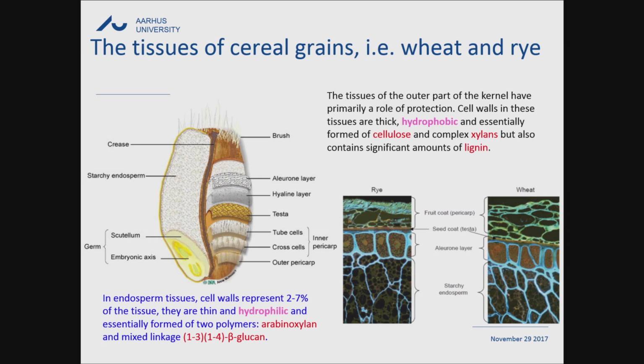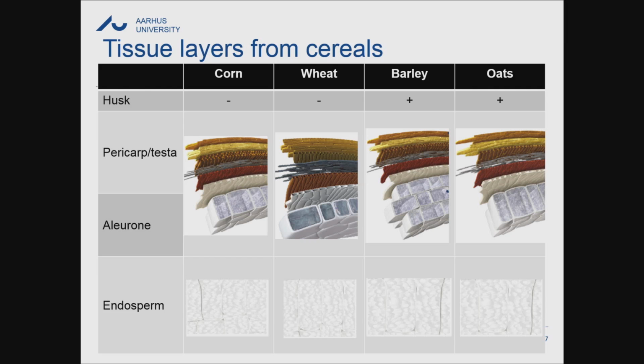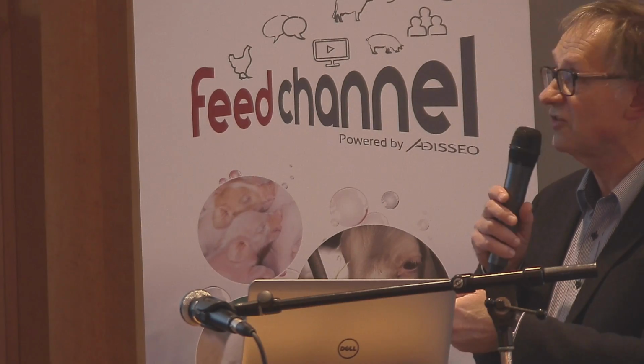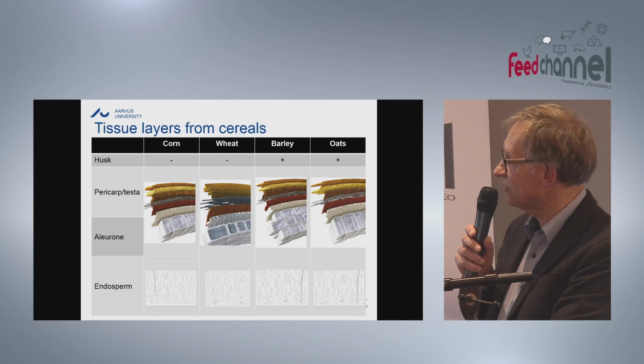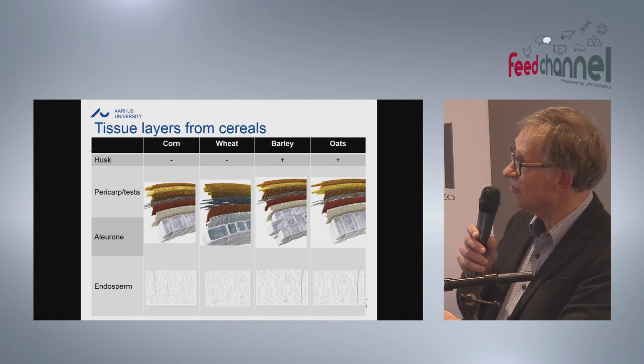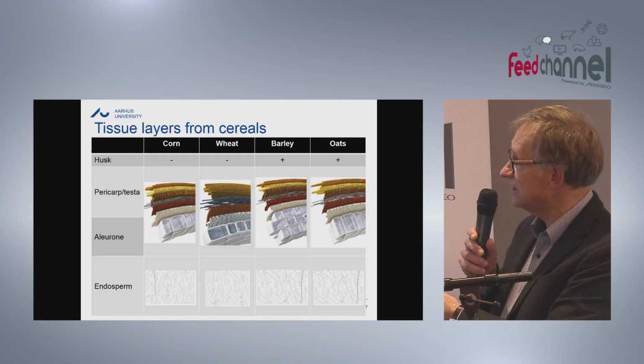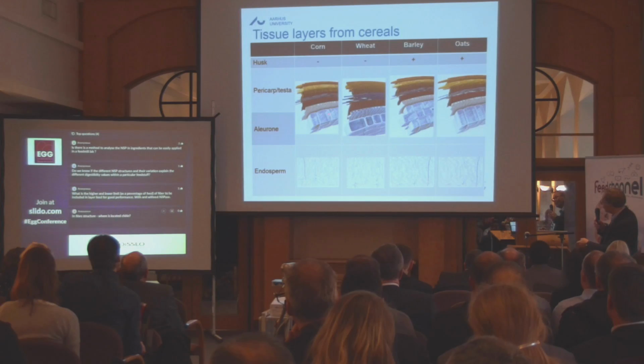The structures of them are different, and so are their properties as well. You can try to view it a little bit when you're looking at some of the cross sections of the cereals: this is from corn, this is from wheat, this is from barley, and this is from oats. Here I have only the cell tissues from the pericarp and testa, which are the outer parts, and also the aleurone cells, and then the endosperm.